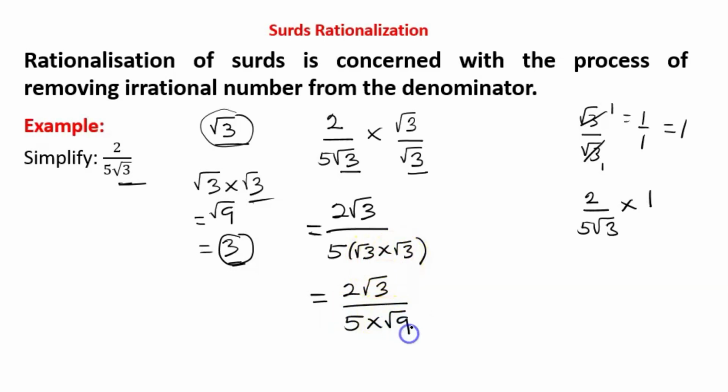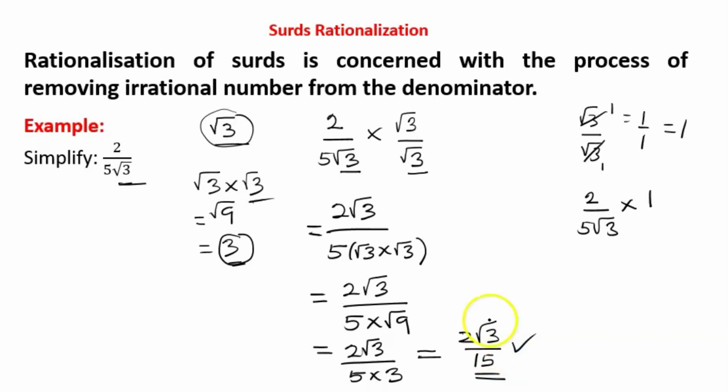Let's show the steps first. Then as we go subsequently, we can be skipping some little details. I believe we are understanding this. This is going to give us 2 root 3 divided by 15, and this is going to be the answer.